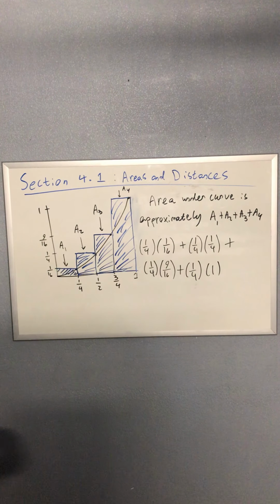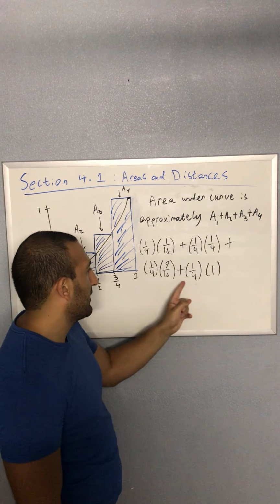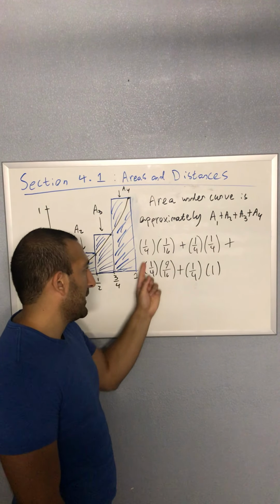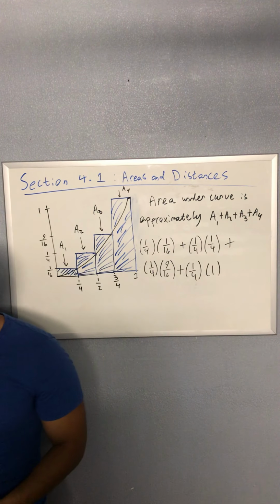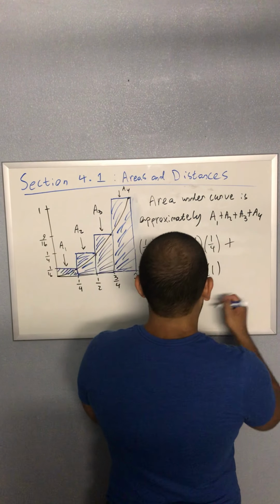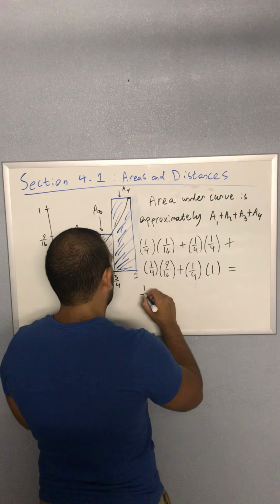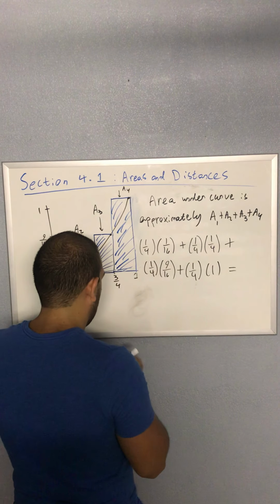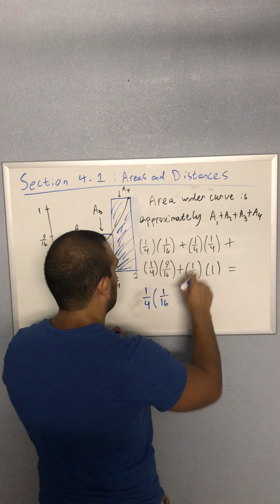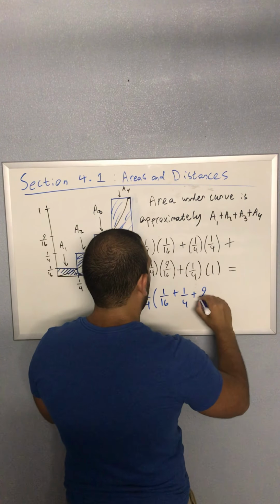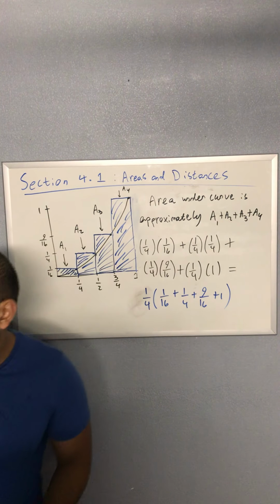Now to save you some time, notice that this factor of 1/4 appears in each term, and that makes sense, right? We always took the base to be the same length. So to help with your calculations, you can pull out this 1/4 and essentially just add the heights. So we're going to factor out this 1/4, and then instead add the heights: 1/16 plus 1/4 plus 9/16 plus 1.